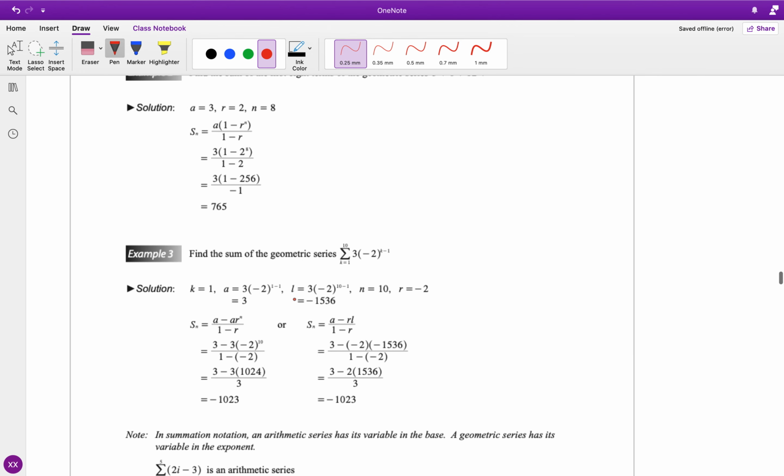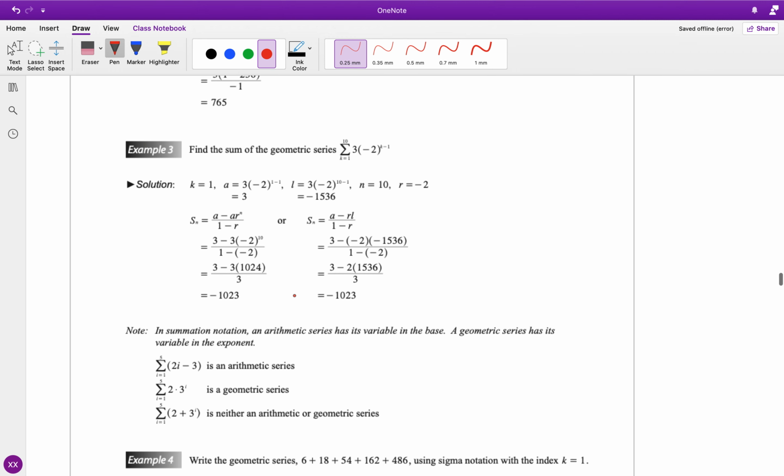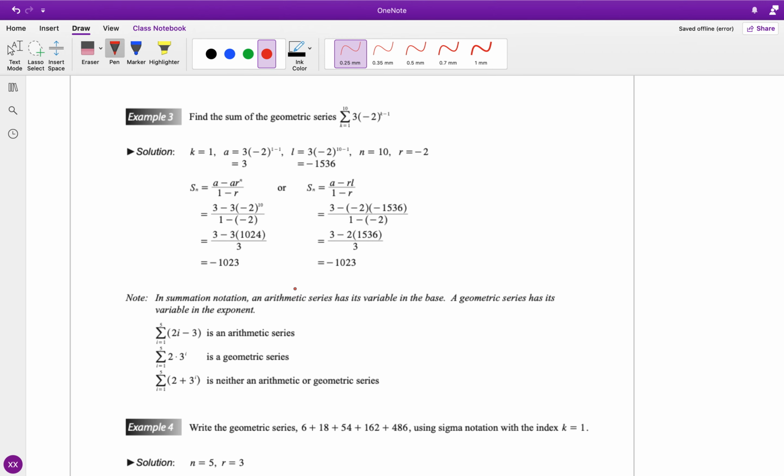I basically wanted to demonstrate 2 examples here in your textbook, and also do 1 question in the exercise set. So now this is the first one. The interesting thing is we need to get used to this, called summation notation, right? So this whole thing. It says find the sum. So this is 3 times negative 2 to the power of k minus 1.